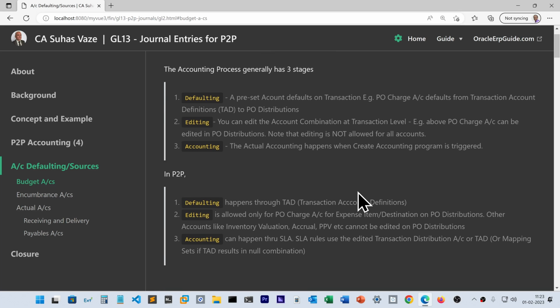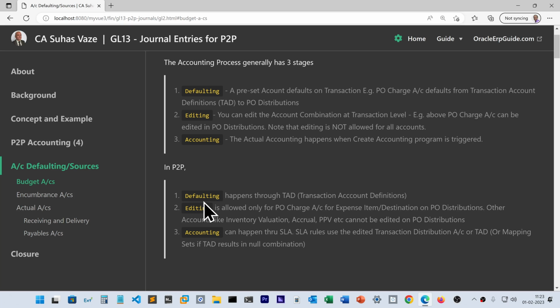In the context of P2P, the defaulting happens through the transaction account definitions. The editing is allowed only for PO charge account for expense item or destination on PO distributions. Other accounts like inventory valuation, accrual, PPV and all, we cannot modify them manually on PO distribution.